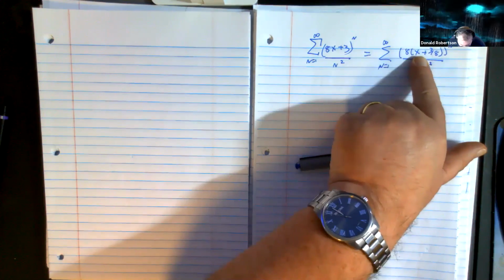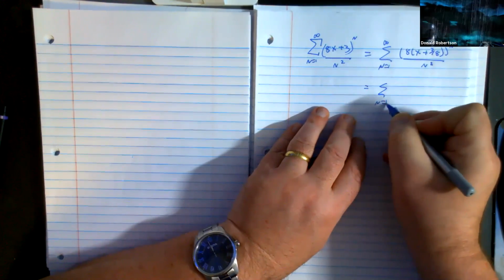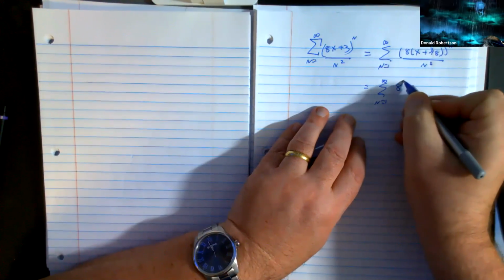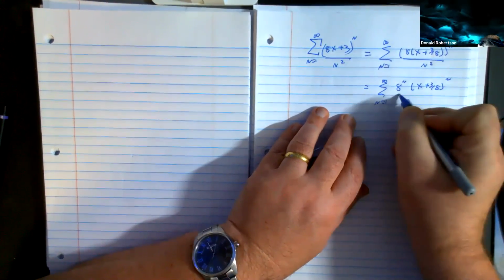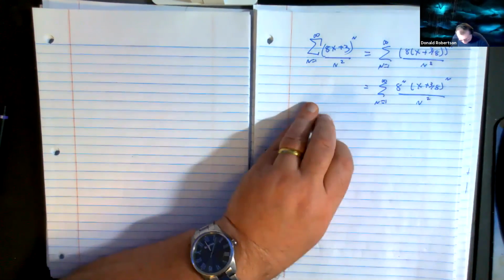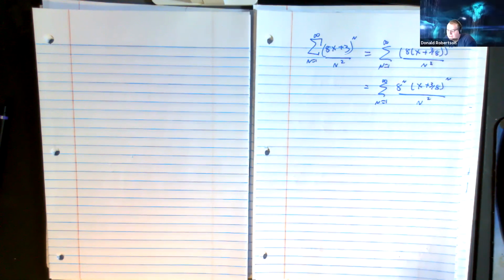But I'm going to do it anyway. 8 gives you an x plus 3/8. It's now centered at -3/8, and you treat it the same way you did all the others. Okay.